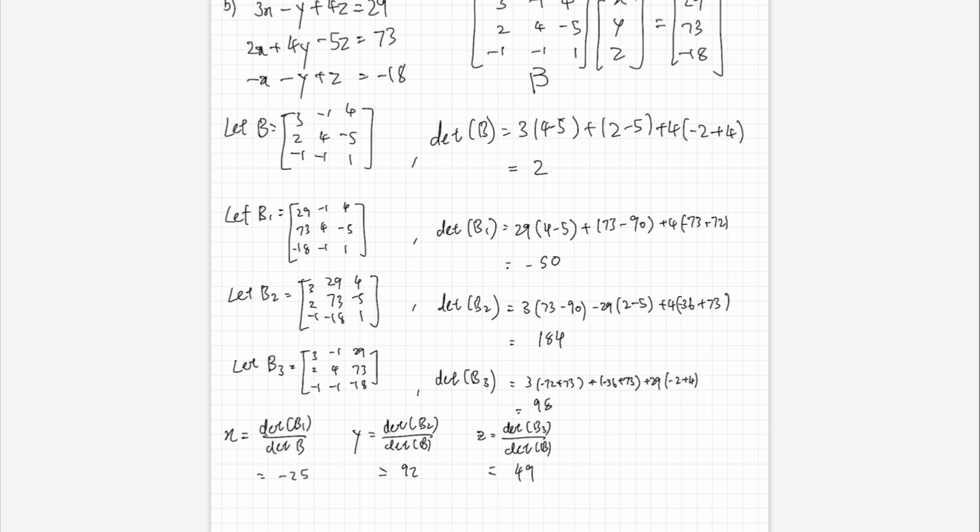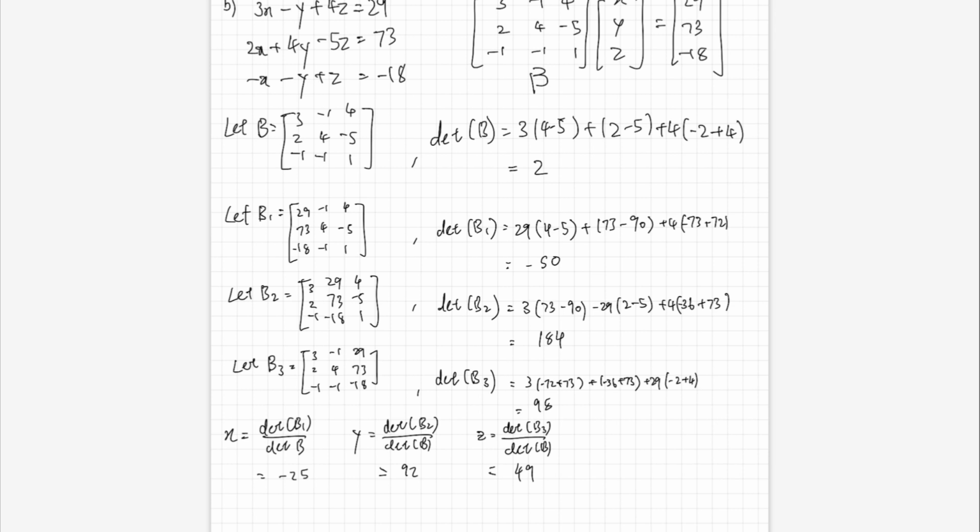As you can see, I rewrite the equation into matrix form. Let 3, negative 1, 4, 2, 4, negative 5, negative 1, negative 1, and 1 become matrix B. So I find the determinant of matrix B, which is 2, and I substitute the first column of matrix B with 29, 73, and negative 18 to become matrix B1.